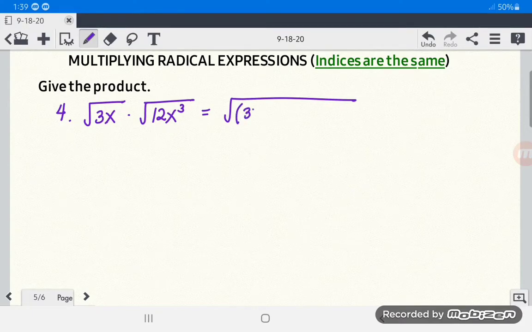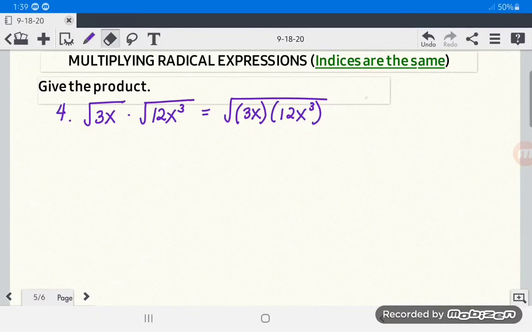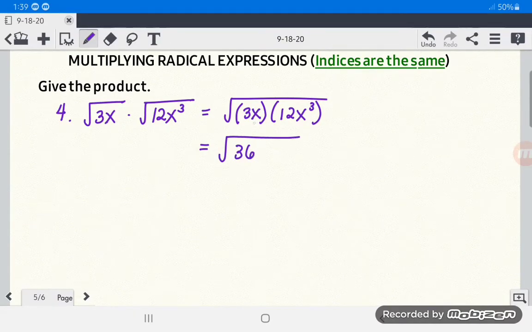We have 3x times 12x cubed. Then 3 times 12, that is the square root of 36. Then x times x cubed, so we have x raised to the 4th power.